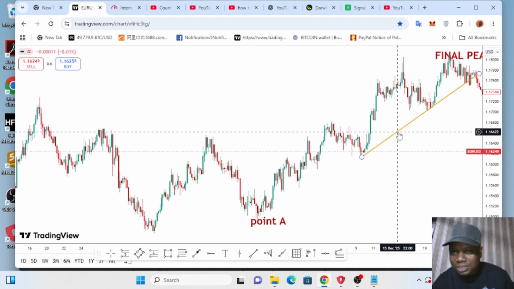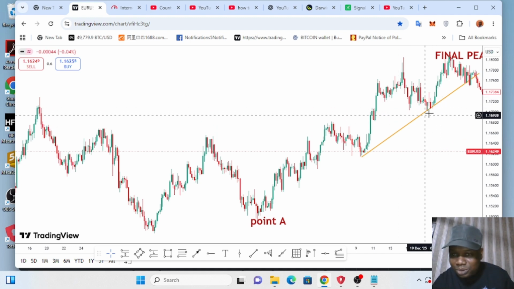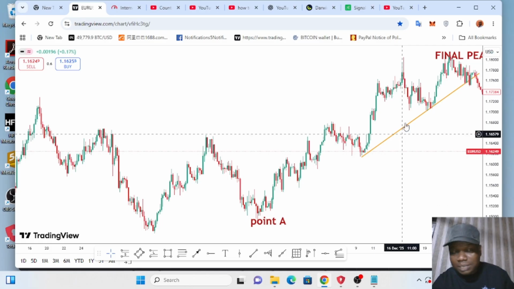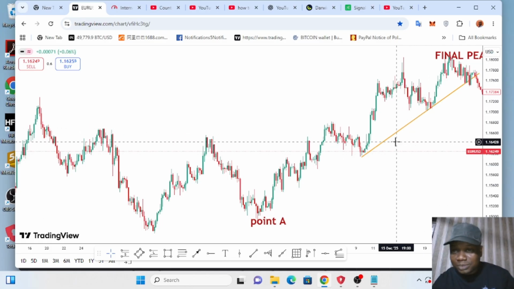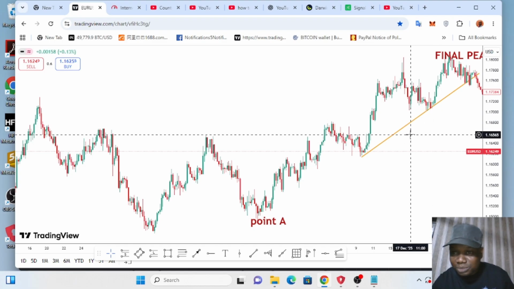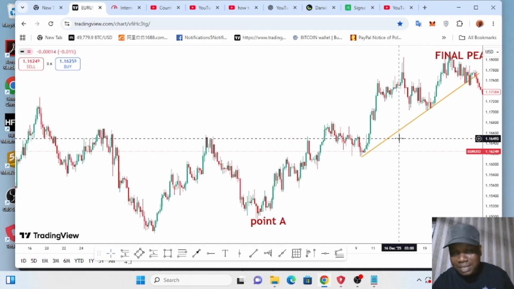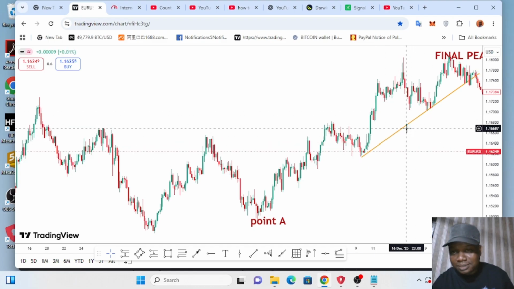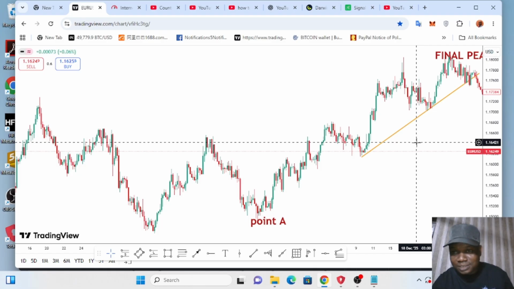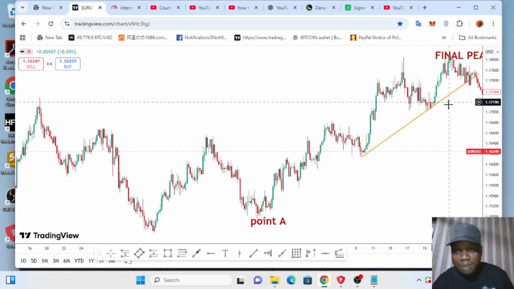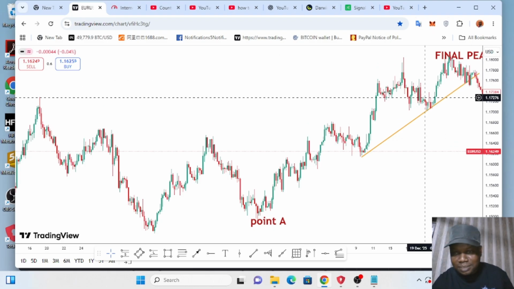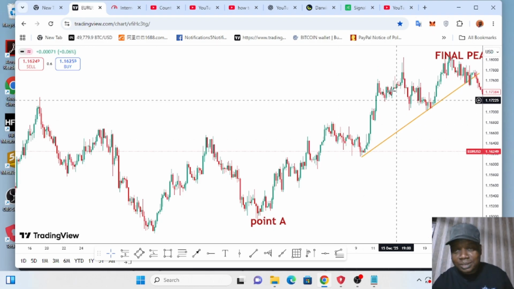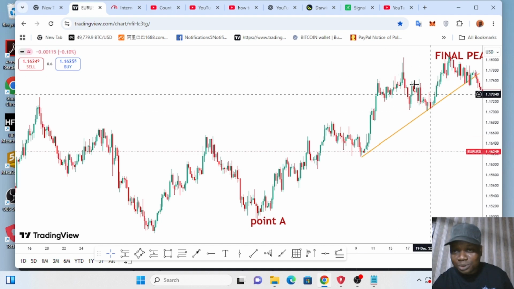And you will not be left out of the market. The market makers, the big boys, the big institutions will not be able to deceive you, because this market is zero sum. You have to know what you are doing. Now, I'm not going to say what you're going to do at your third point, fourth point, but I'm here just to tell you the best way to draw a trend line.